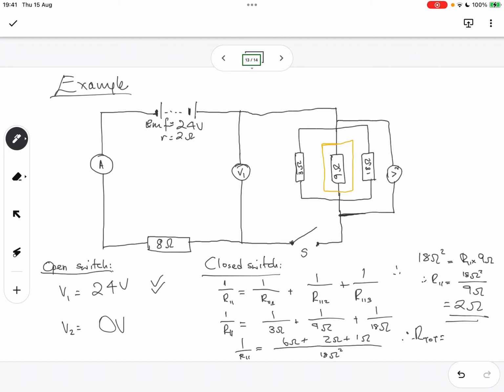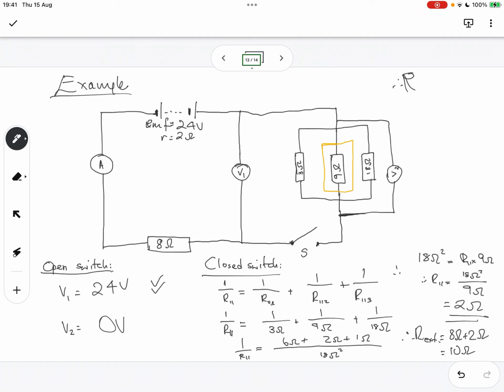Therefore, R total would be 8 ohms plus 2 ohms, which is 10 ohms. Oh no, this is not the total resistance. This is the external resistance.